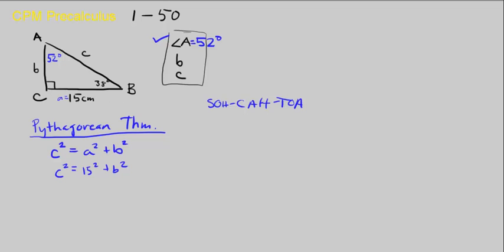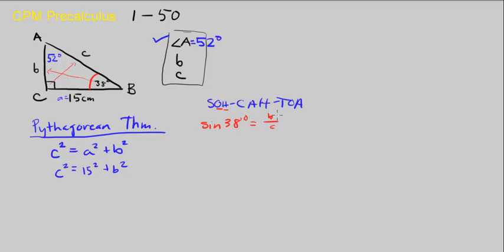Let's say we use 38 degrees. No matter which one we use, we're going to get the same answer. If I use sine of 38 degrees, that's opposite over hypotenuse. The opposite side is B. The hypotenuse is C. It's always across from the right angle.